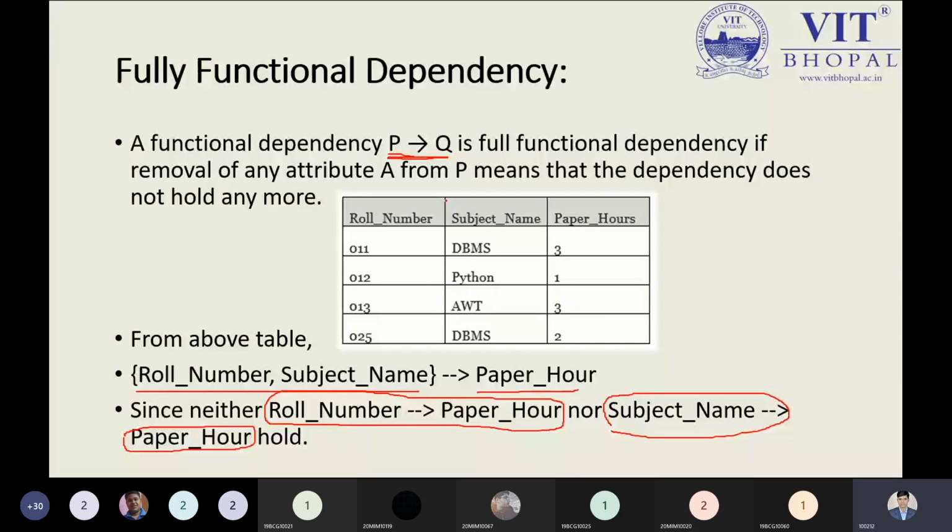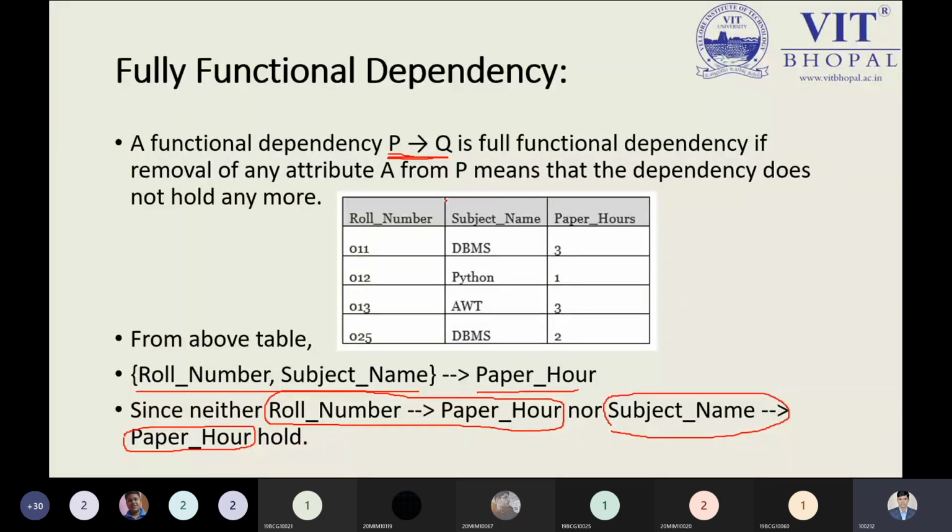So after removing any attribute from the relation R, from the P, meaning on the left side of what we are choosing, then the dependency does not hold anymore. That's the point. If it is still holding, it means we are dependent on that part. So full functional dependency means that if you are losing any attribute from the P, or the set of attributes which you are using, then definitely we can say it is not a fully functional dependency.